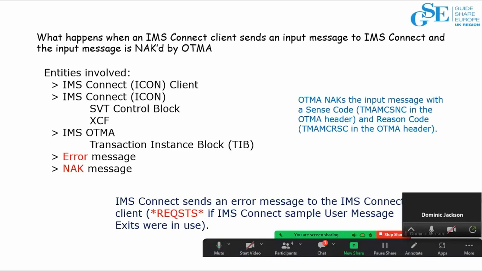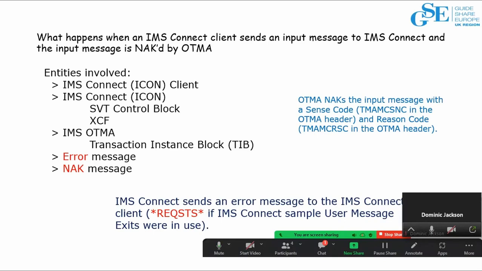What I'm trying to say is it doesn't matter whether it's a CM1 or a CM0 message protocol. I'm talking about a generic case here where an IMS Connect client sends an input message to IMS Connect, and the input message is nacked by OTMA. So if you can probably guess, the IMS application program doesn't even come into the picture for this particular case, right?